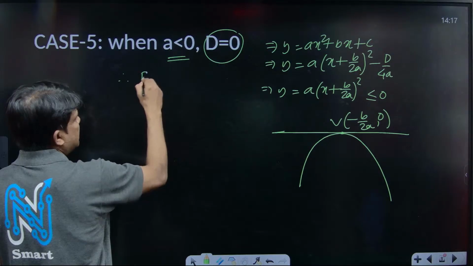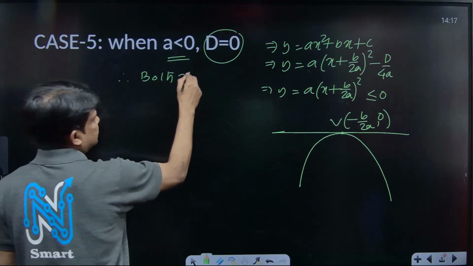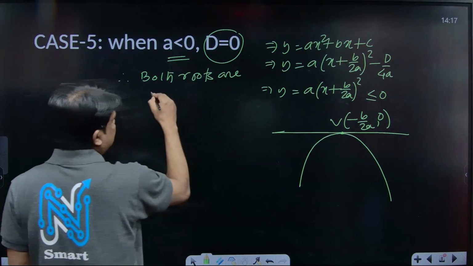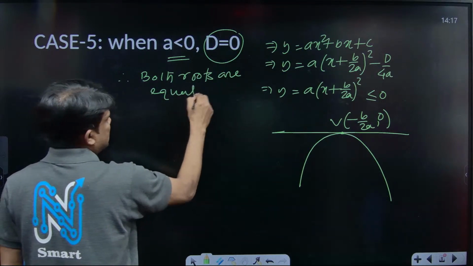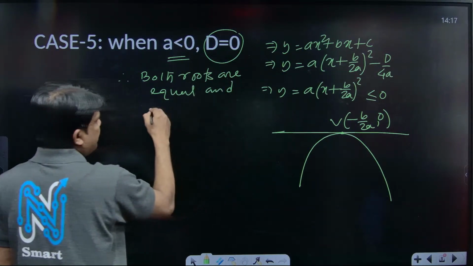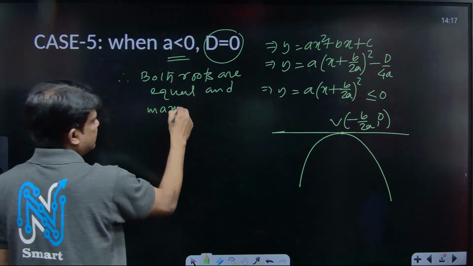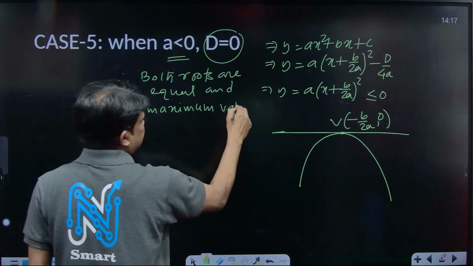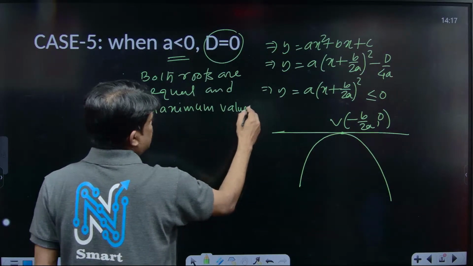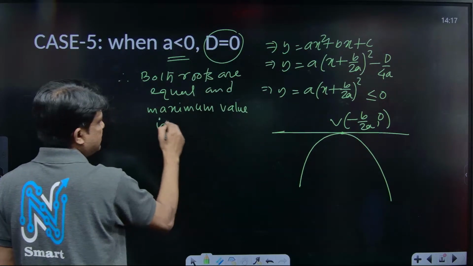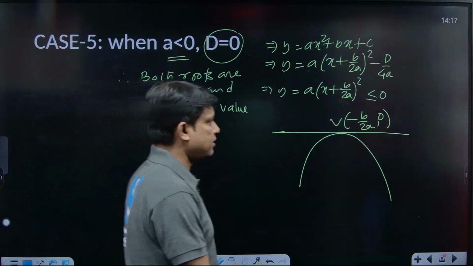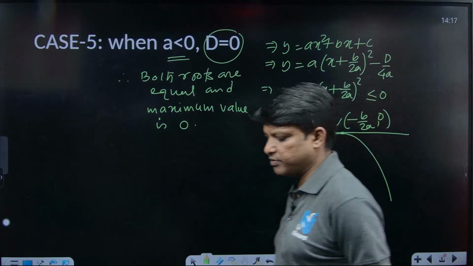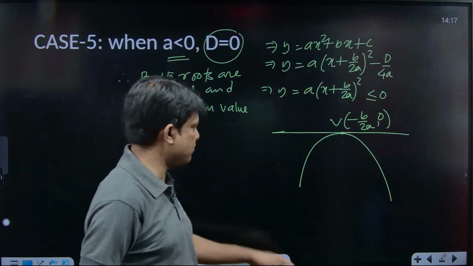Both roots are equal and a maximum value exists. The function value is 0 at minus b by 2a. This is also a perfect square expression multiplied by a negative, so it is a downward parabola.